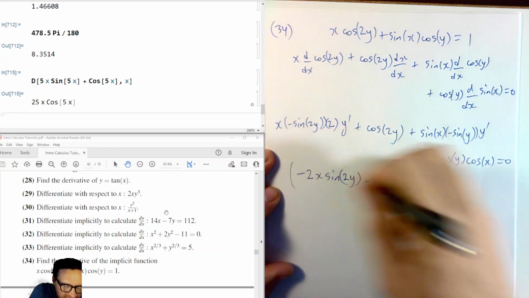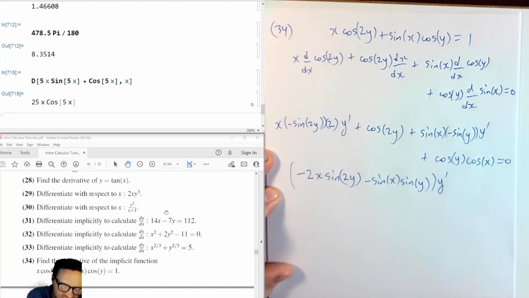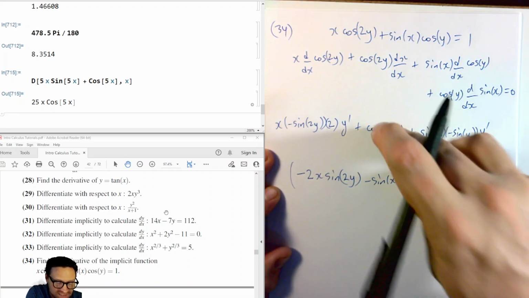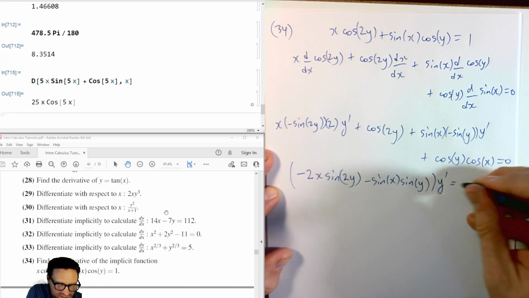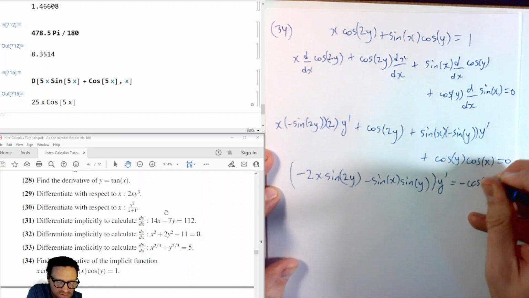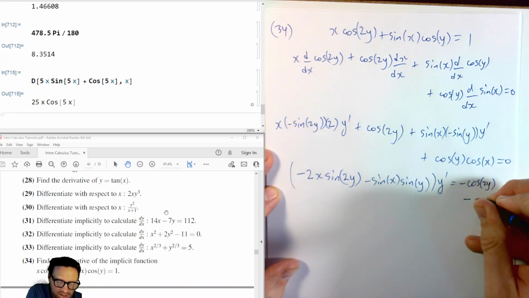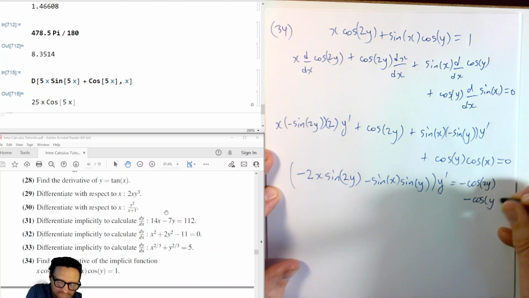We'll put in brackets that y', and then we've got these two remaining, which we can take over to the other side of the equation and say minus cos 2y minus cos y cos x.